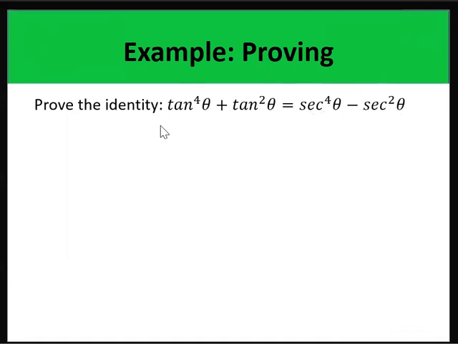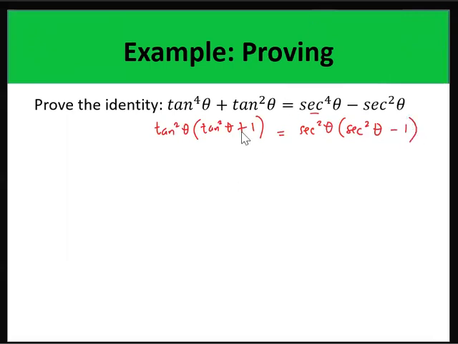So in the left side, we can factor out tangent square theta, and the second factor will be tangent square theta plus 1. In the right-hand side, both terms have a factor of secant square theta, so we factor it out, and the second factor will be secant square theta minus 1.